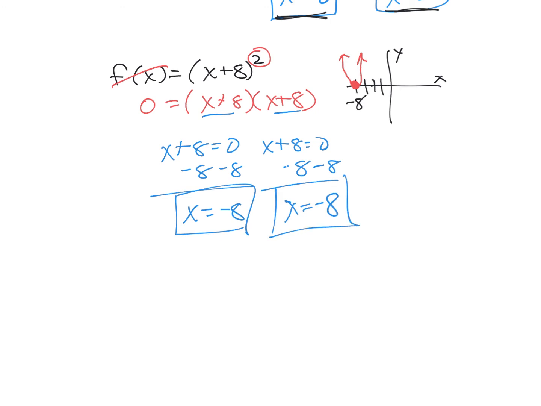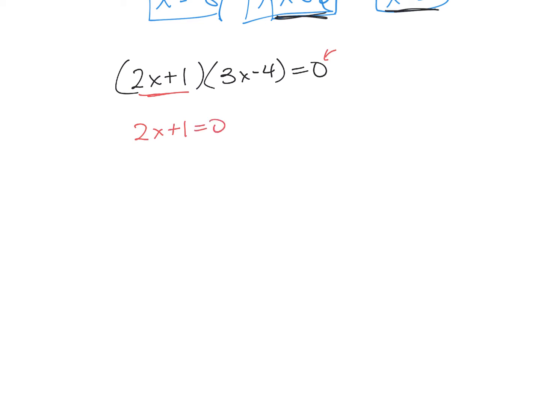Okay, let's look at another one. Let's say I had 2x plus 1 and 3x minus 4, and I said it equals 0. Now remember, this is your f of x, this is your y. You're always setting it equal to 0, so I'm not changing anything. I'm going to say 2x plus 1 equals 0, and 3x minus 4 equals 0.